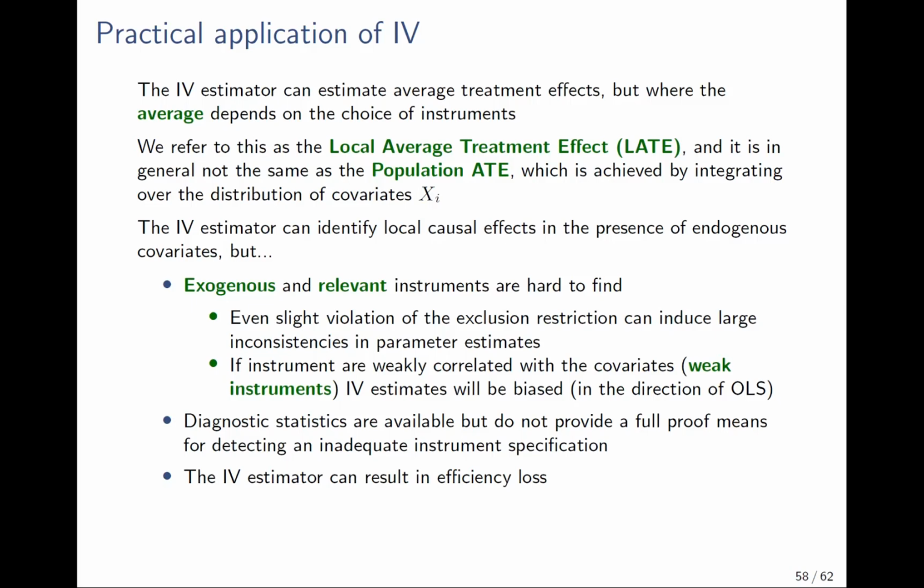So it's risky. We use instrumental variables in the hope that we're curing a problem, but if the instruments don't satisfy the conditions, they can actually make things worse, and it's very hard to determine whether they've made things worse or not, given the diagnostic statistics from an IV model.